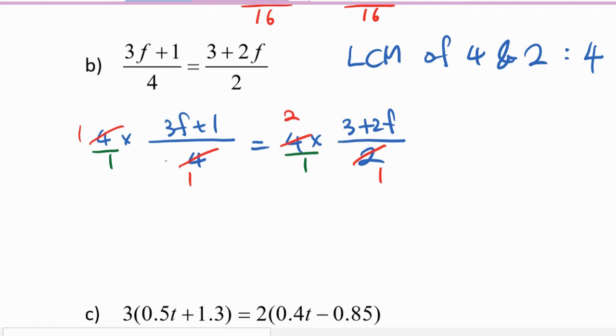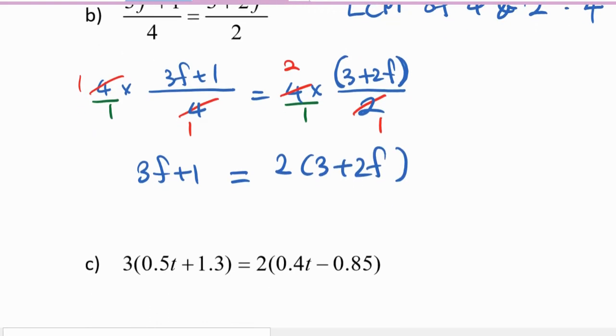Then on the left hand side, you get 3f plus 1 equals. So everyone remember, when you have this fraction, you always need to consider that you have a bracket around the numerator. So 2 times (3 plus 2f).